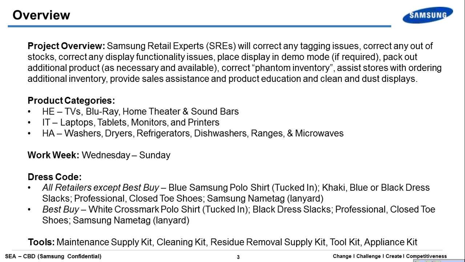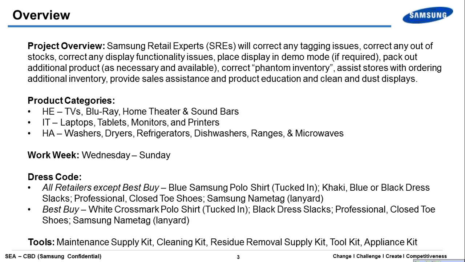So working with store personnel to zero that out in order to get some more on order. And then, again, assisted selling or other things, educating and dusting and cleaning. Although it's at the end of this description, it's probably the most important part, and that is dusting and cleaning. And we'll go over that a little later in our training.